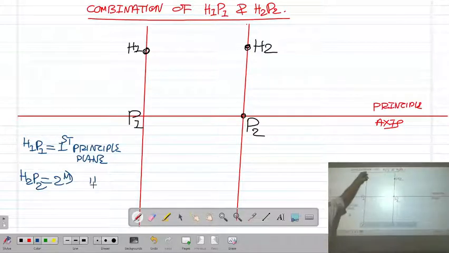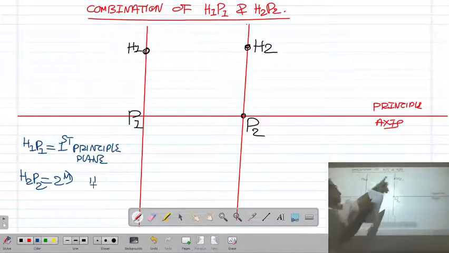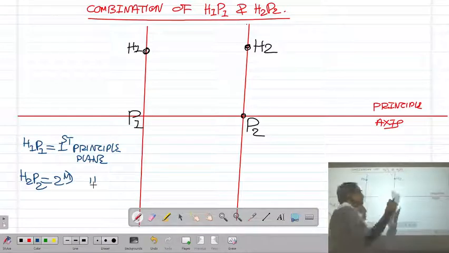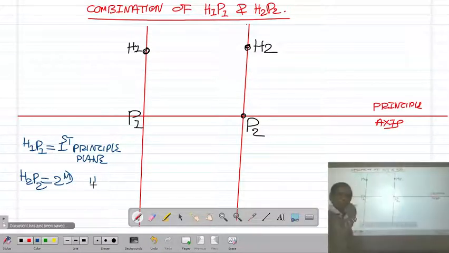So the plane passing through point H1 and perpendicular to the axis is called the first principal plane. The plane passing through point H2 and perpendicular to the axis is called the second principal plane. So the H1 plane is the first principal plane, the H2 plane is the second principal plane.